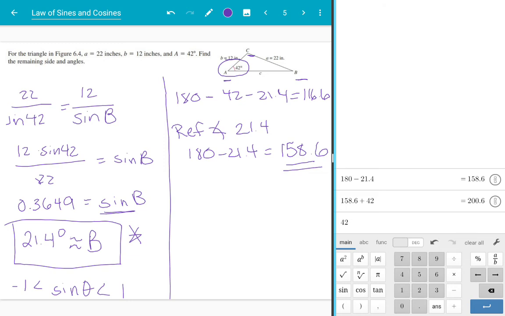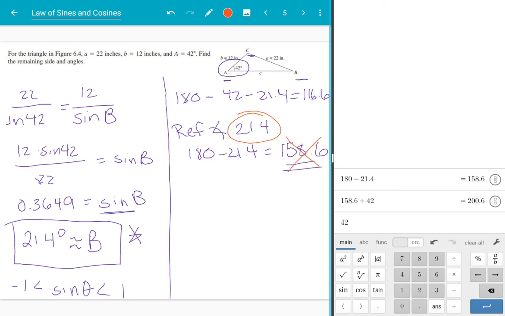So what that tells me is that the angle of 158.6 is not a possibility. So how many different triangles can I solve? I can only solve the one where we're going to use the 21.4. So then you just solve that particular triangle only.